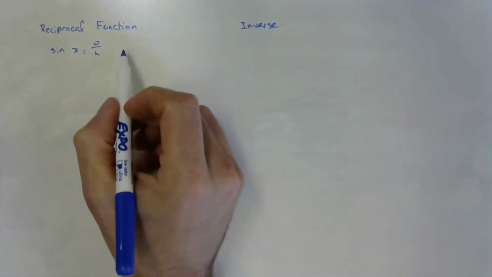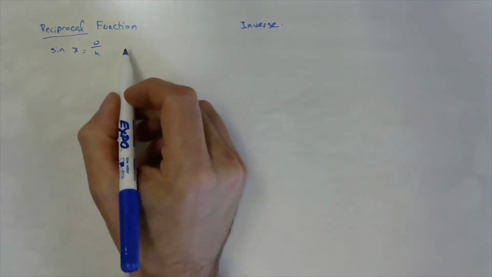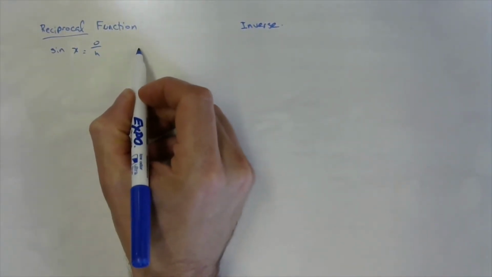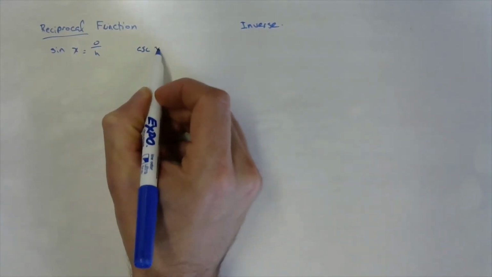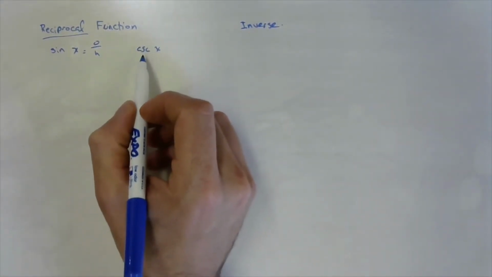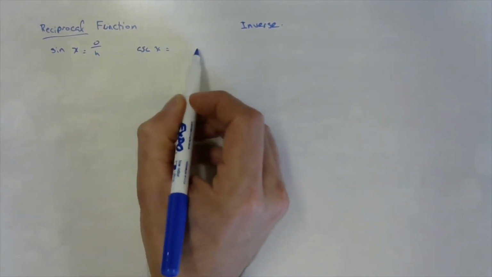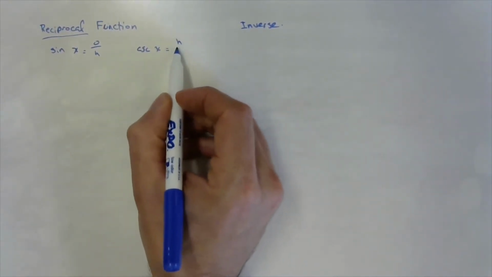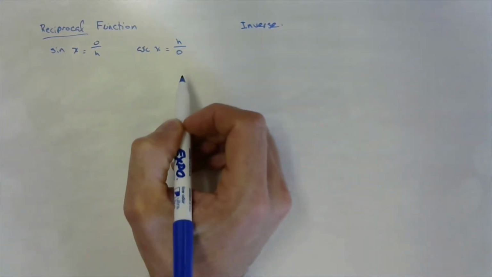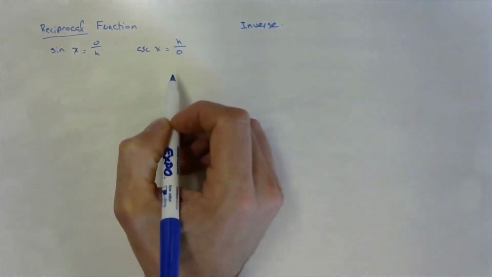So if you take the reciprocal of sine, which is cosecant, you're still going to be getting a ratio out the other end, but the ratio is going to be h over o. Okay, does that make sense? It's still a ratio.